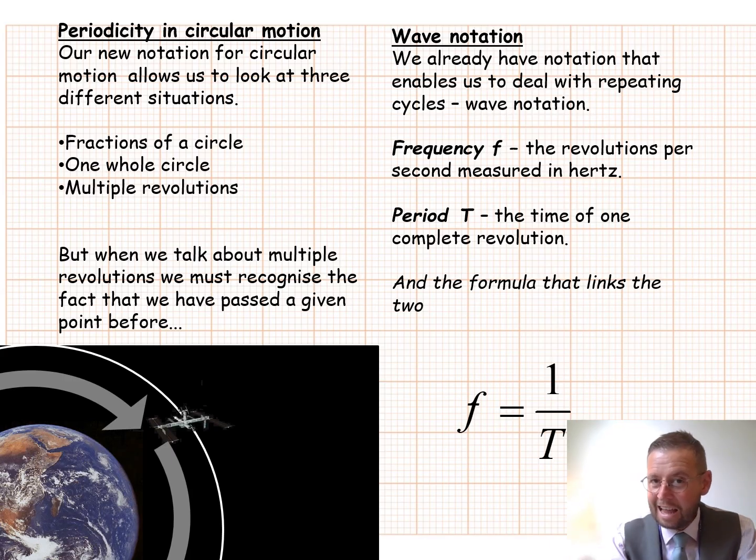And we actually have this terminology. We have actually defined some quantities to describe things that are repetitive in the waves topic. So for example, we had the period of one whole rotation or one whole cycle of a wave. And we're going to use that too, capital T, to represent a very specific time period measured in seconds. And of course, the reciprocal of the time period is the frequency.